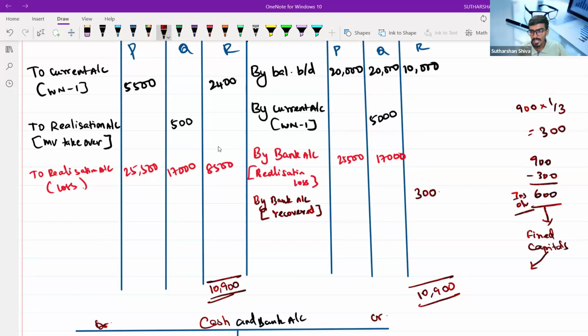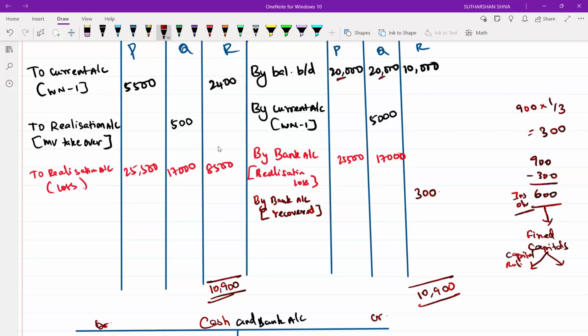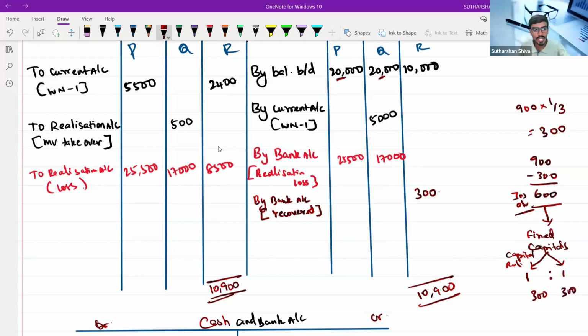If I am following fixed capital, it should be based on which ratio? The capital ratio. What is the capital ratio? The fixed capital is 20,000 each, so it is 1:1. Those 600 will be divided on the basis of 1:1, which means 300 each.